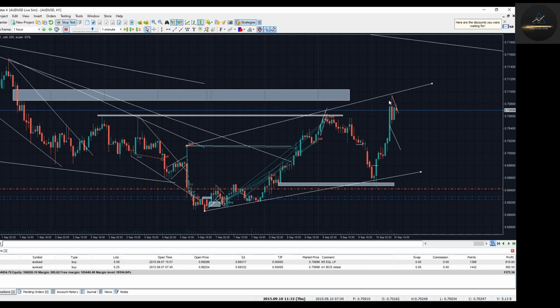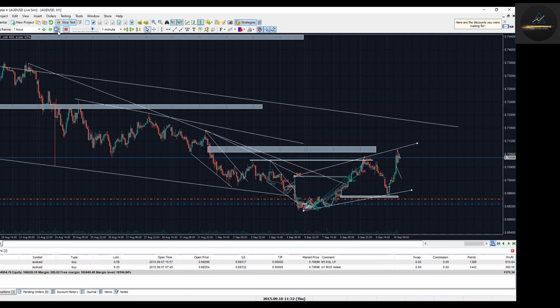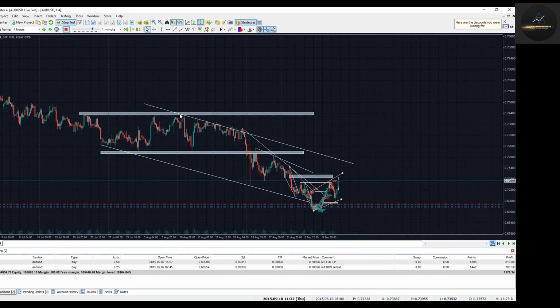Okay, so we got a potential for price to actually come lower, but based on this type of pattern, let's zoom out a little bit more. I need more information. When in doubt, zoom out, as they say. What do we have?